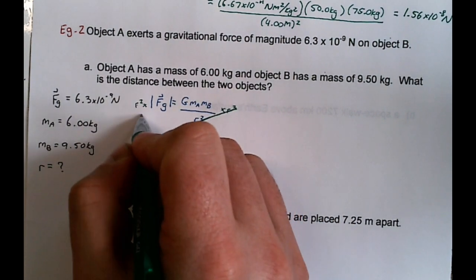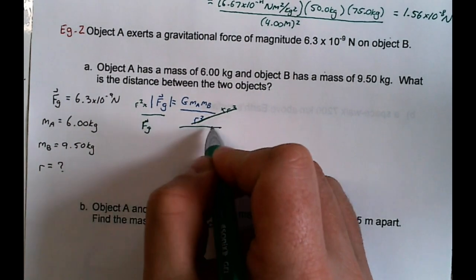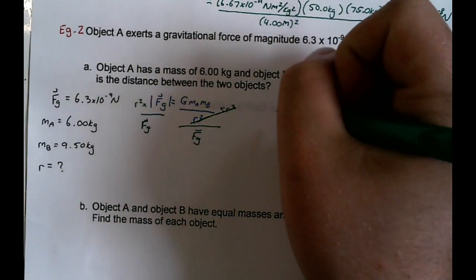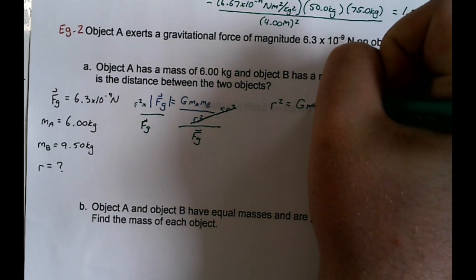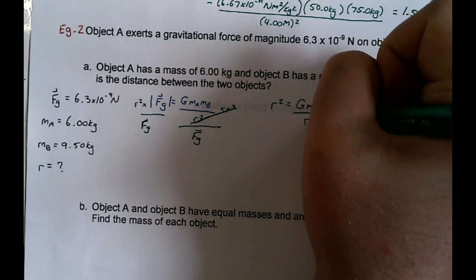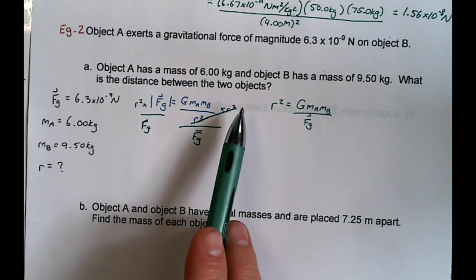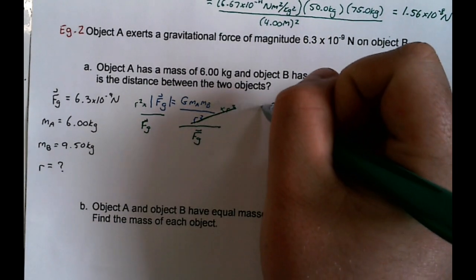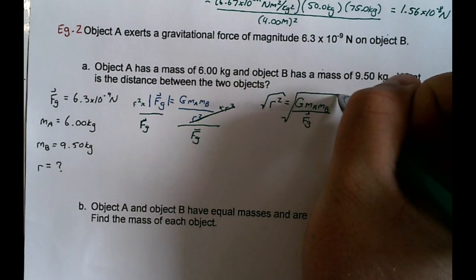So I'm going to divide both sides by the force due to gravity. If I rewrite this to make it a little neater, now we have r squared is equal to G, Ma, Mb over Fg. Good. Now to get this r by itself, the opposite of squaring is finding the square root. If we do it to one side, we have to do it to the other.